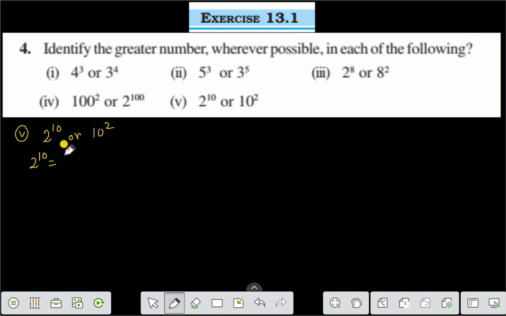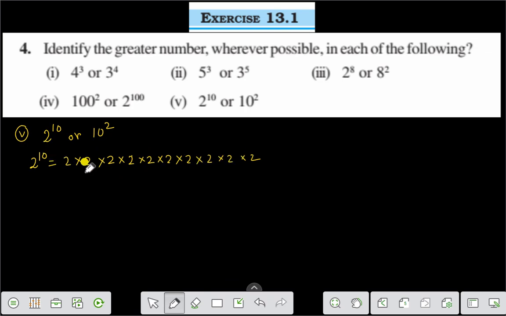2 multiplied 10 times: 1, 2, 3, 4, 5, 6, 7, 8, 9, 10.